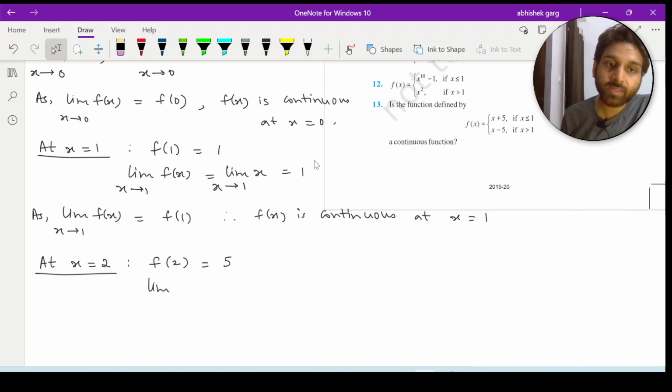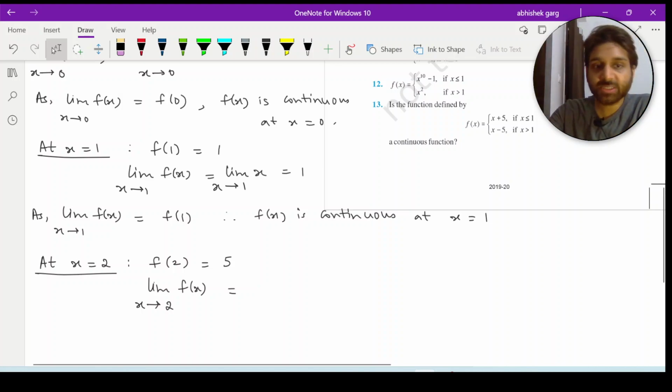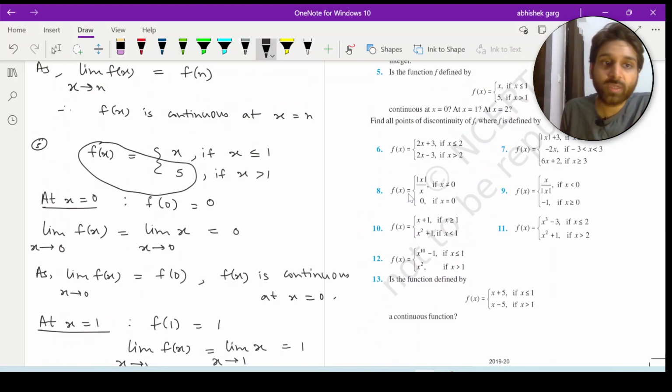Now let us calculate the limit of the function for x tending to 2. X tending to 2 means slightly less than 2 or slightly more than 2, not exactly equal to 2. In that situation, we'll anyway get f(x) equal to 5 only. Why?